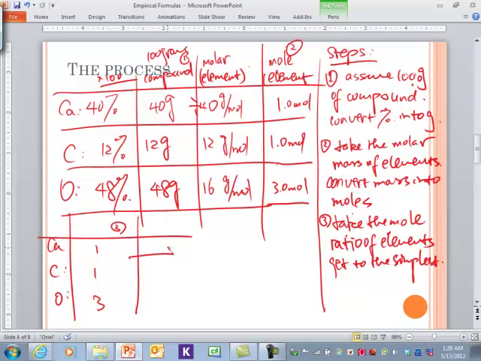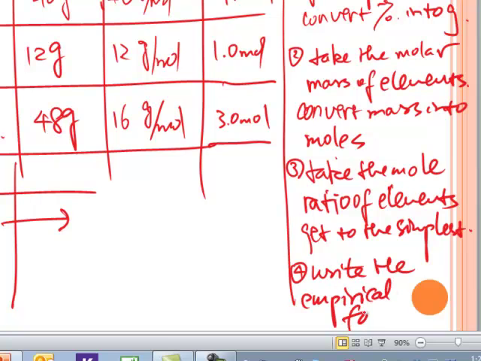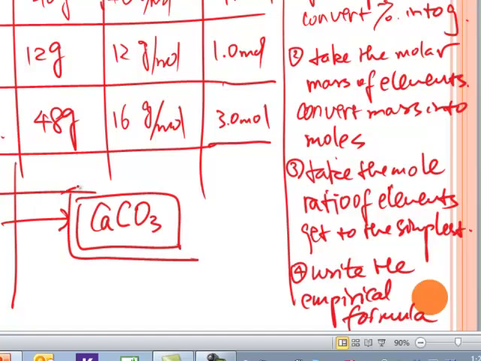And from here, we can now write the empirical formula for the compound. In this case, we know it is calcium, we know it has 1 carbon, and we have 3 oxygen. Very, very important process, and take your time to understand this.